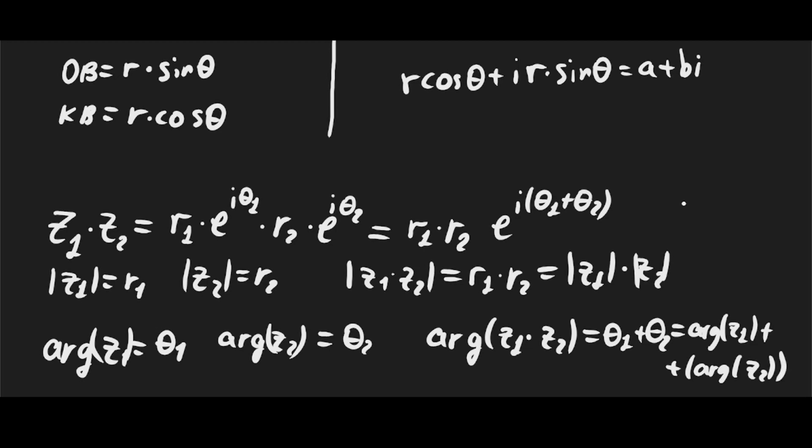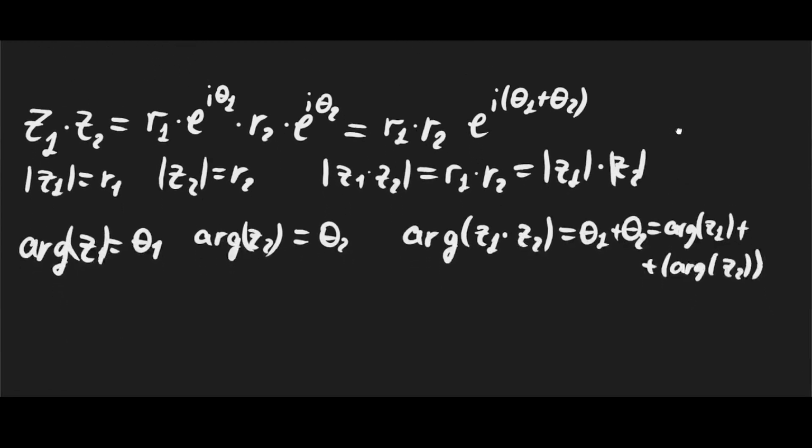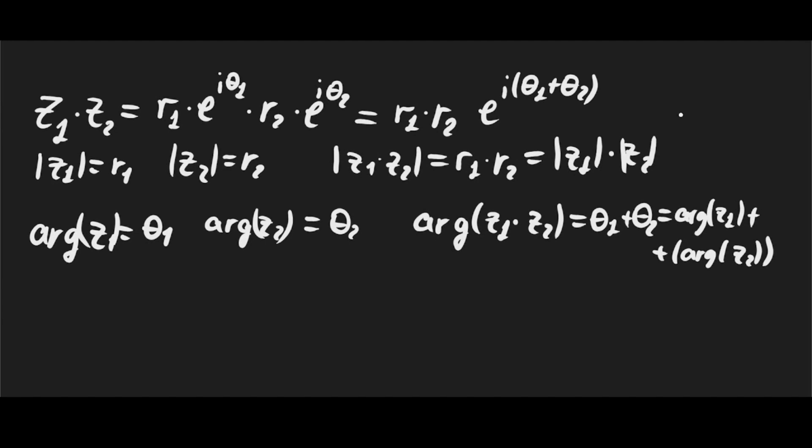So we have proved this property also. And what would be the conjugate of z1 in polar form? The conjugate must have the same length or magnitude, and the angle would be negative, like e to the i times negative theta 1. So this is the main difference.